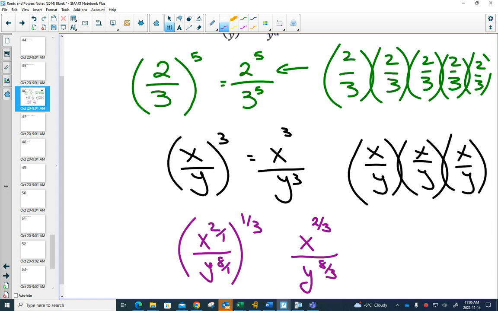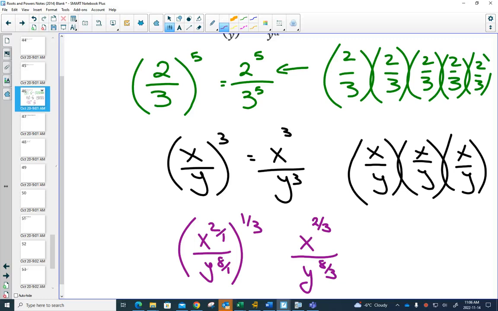In order to do the purple one, I need to know the rule and how it works. In order to do the green and the black ones, I can just think about what an exponent means and figure it out. But that doesn't help me when I get to the purple one.